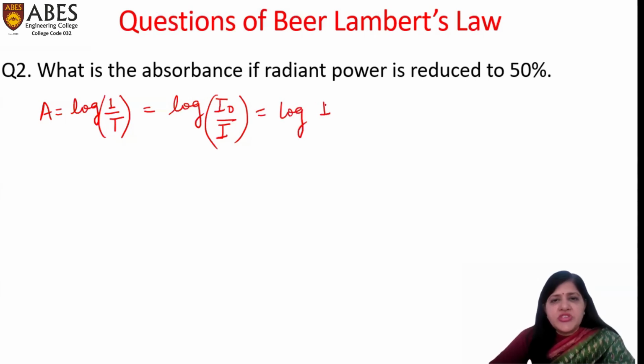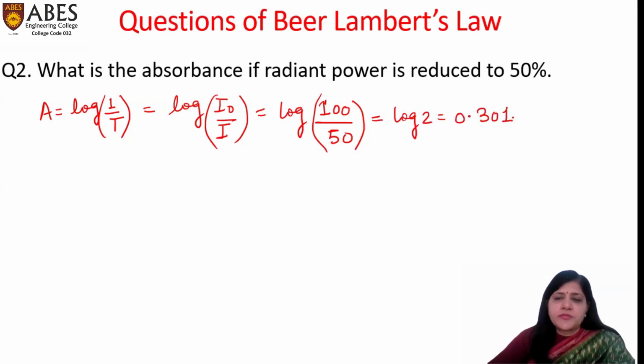So incident radiation is 100. Transmitted radiation is reduced to 50%. This is log 2, which calculates as 0.301. So with the help of this expression, we can calculate the absorbance: 0.301.